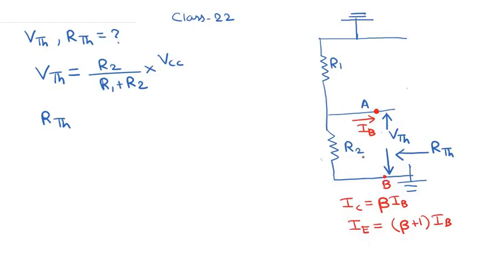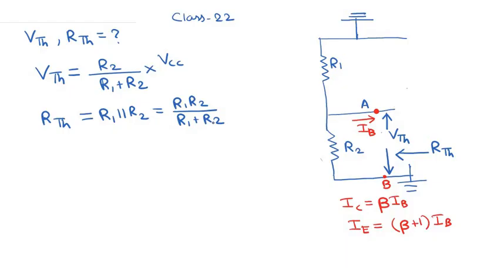So this resistor R2 is connected between point A and the ground, and this resistor R1 is also connected between the point A and ground. So R1 and R2 are basically in parallel. Okay, so RTH is basically the parallel combination of R1 and R2, which gives me R1 R2 divided by R1 plus R2.